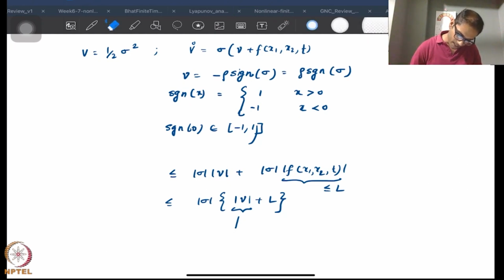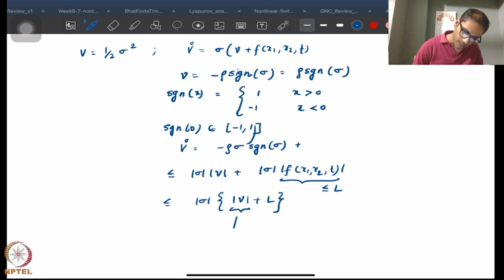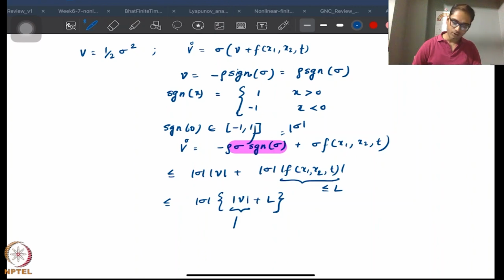And what happens is when I substitute this in the v dot, what I will get from here is v dot is minus rho times sigma times signum of sigma plus sigma times f(x1, x2, t), and this quantity sigma times signum sigma is already equal to the absolute value of sigma.